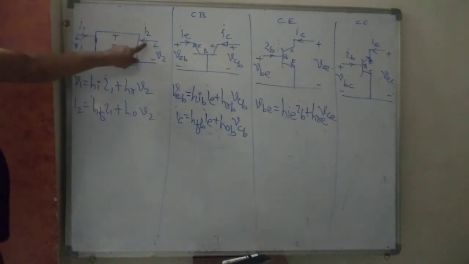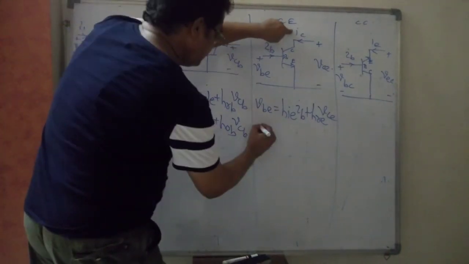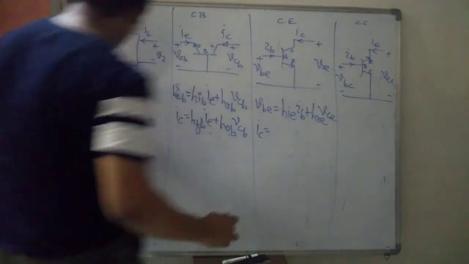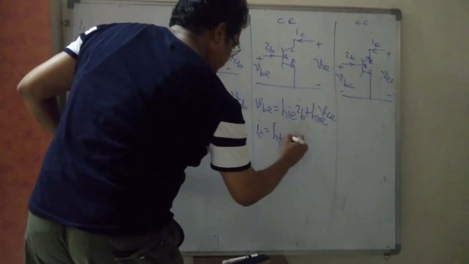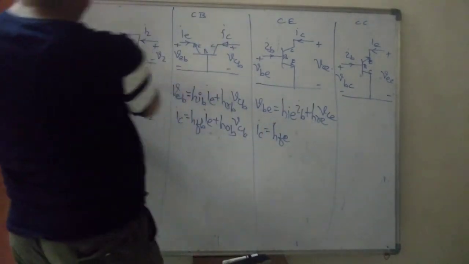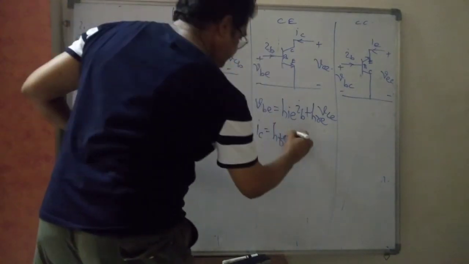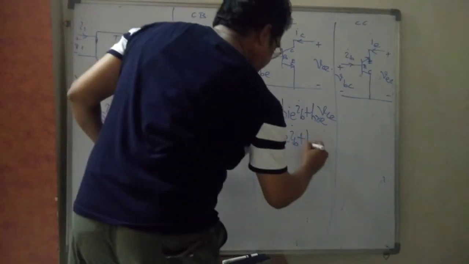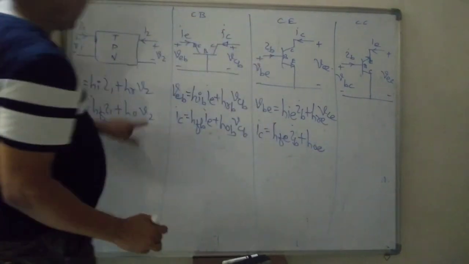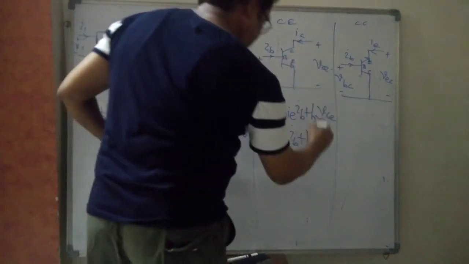Second equation: I2, in place of I2, there it is Ic. hfe I1, in place of I1, it is Ib. hoe, and in place of V2, it is VCE. Similarly, there are those two equations.